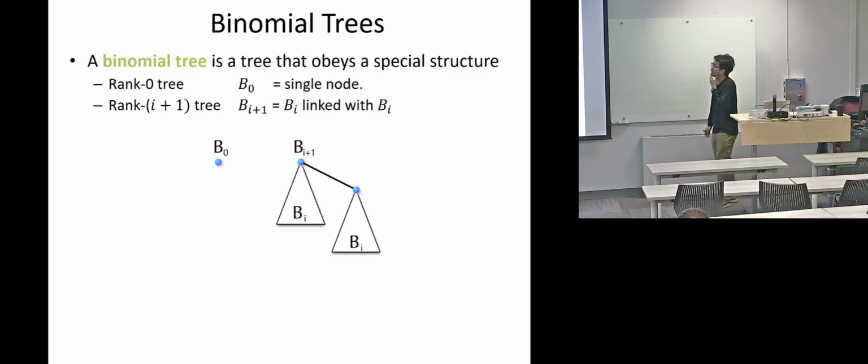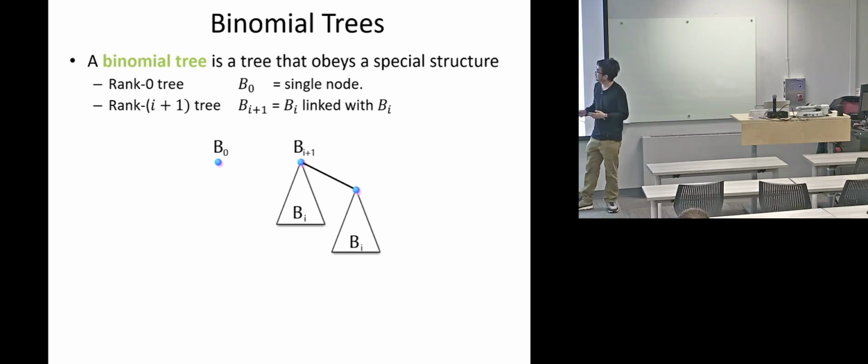Another concept I want to define is binomial trees. A binomial tree is just a tree with some special structure. Each binomial tree has something called a rank. A rank 0 binomial tree, B0, is just a single node. Then I define a rank i+1 tree recursively: it is just a rank i tree linked with another rank i tree.